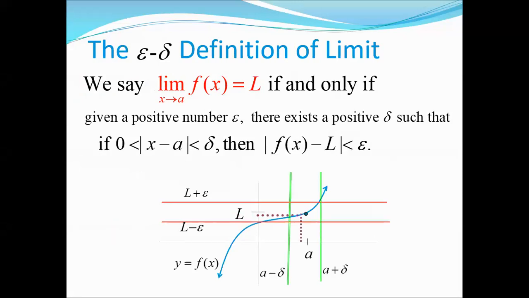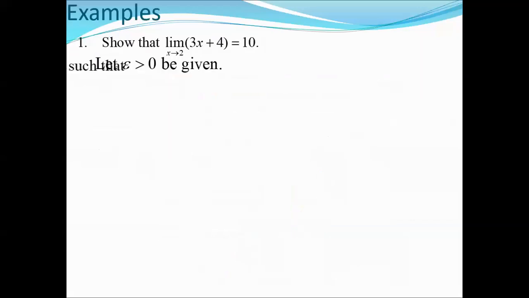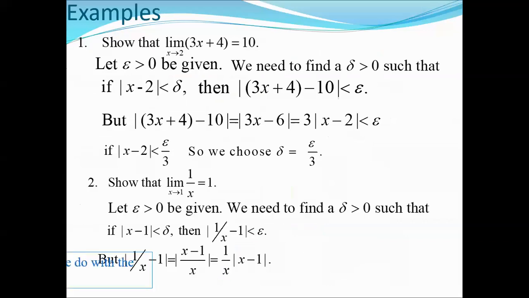A graphical representation of that. For any x in the neighborhood a minus delta to a plus delta, f(x) lies in the neighborhood L minus epsilon to L plus epsilon. And some examples.